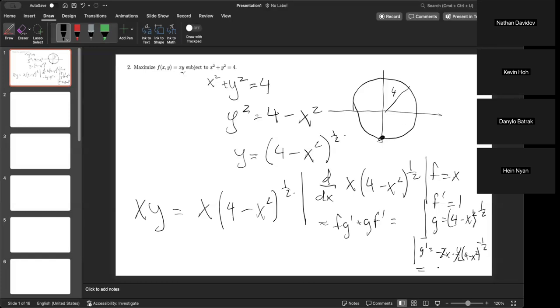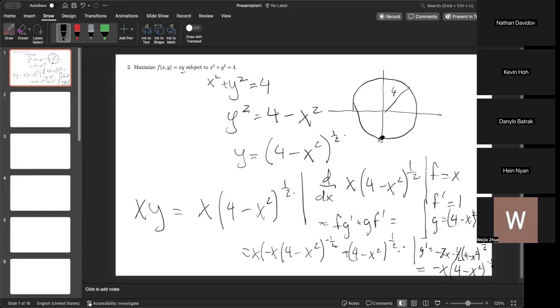But anyway, so this is minus x times 4 minus x squared to the minus 1/2. Very good. So this is equal to x times minus x times 4 minus x squared to the minus 1/2, plus 4 minus x squared to the 1/2 times 1.